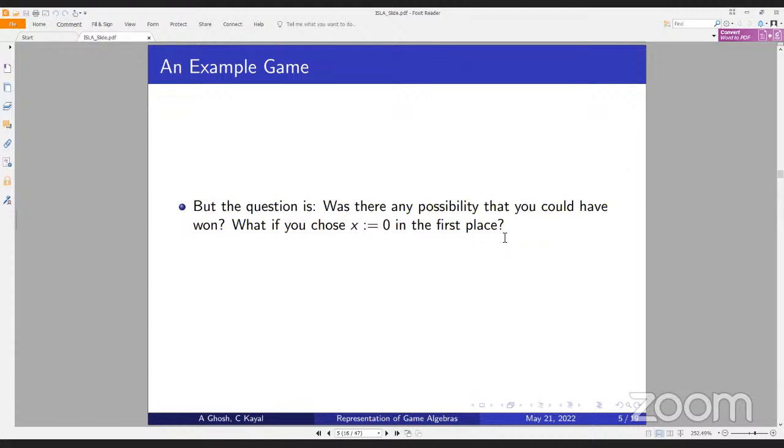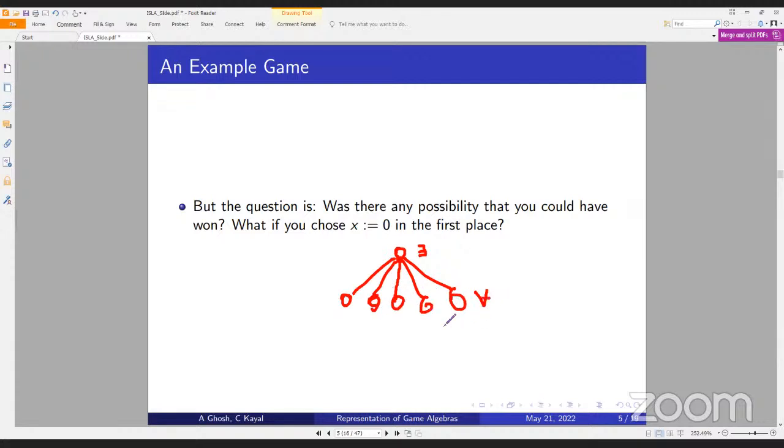So as you can see, this game goes along. Indeed, you had a possibility. In other words, we say you had a strategy that could have won whatever possible moves I had made. As you can see, this is proceeding as a tree. In the first place, you moved for the there exists part and gave me a value. You could have given me many values from the natural numbers. Then from each of these nodes, I start moving because there was a for all there, and I could have given you many values.